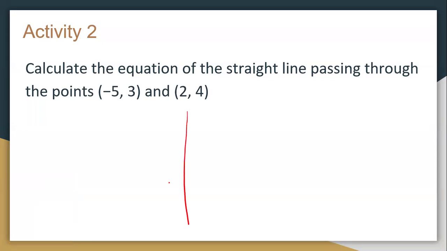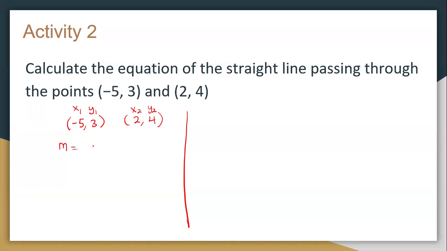Now, members, I think we are going to do it together such that we find out where the problem is. They have given us 2 points. The first thing we have to do is label them. This is your x1, y1. This is your x2 and y2. But earlier on, we said that the order doesn't matter. So whether you have arranged the points the other way around, you'll get the same answer.